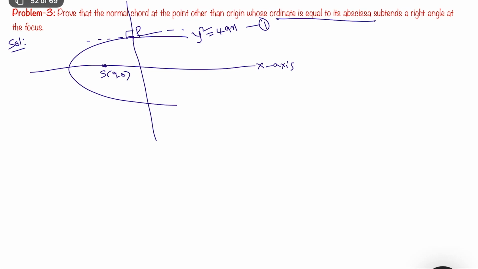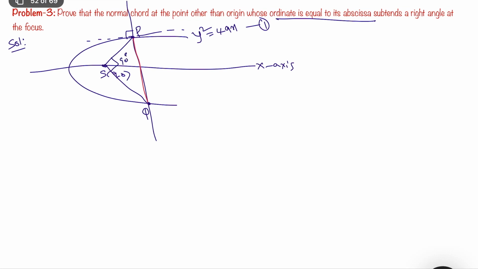Then this is going to be the normal chord. This intersection point we can call Q. So this PQ is going to be the normal chord. What we have to show here is that this normal chord PQ subtends a right angle at this focus. That means we have to show this angle is 90 degrees.